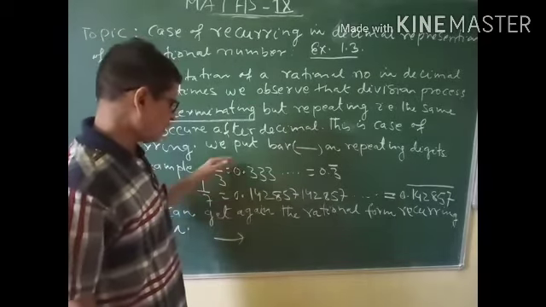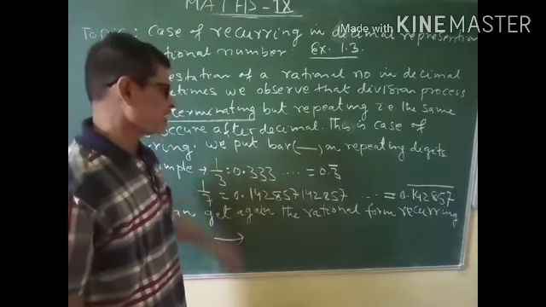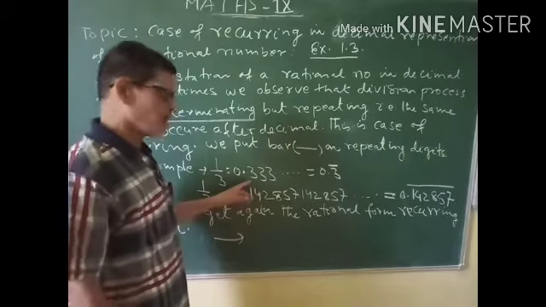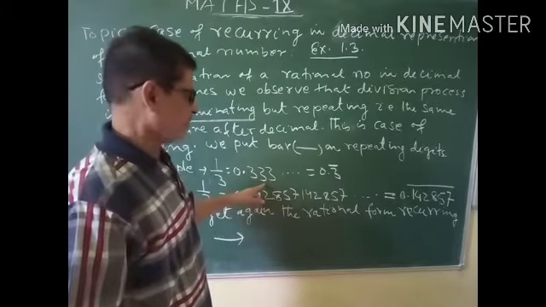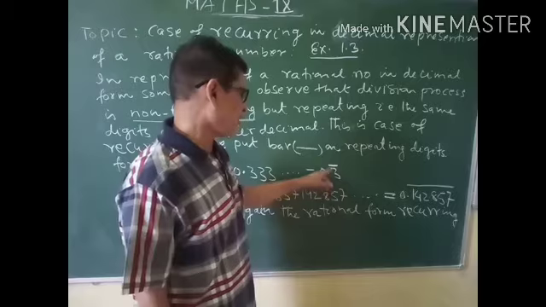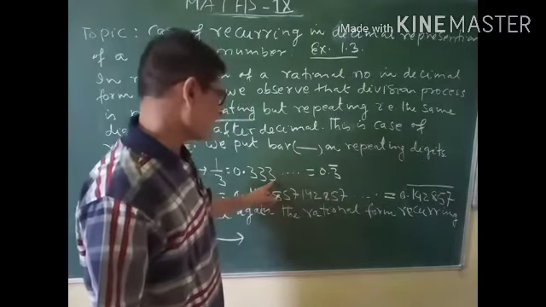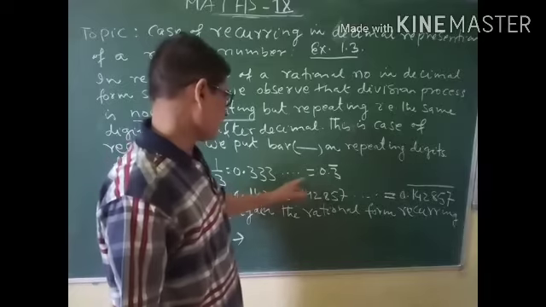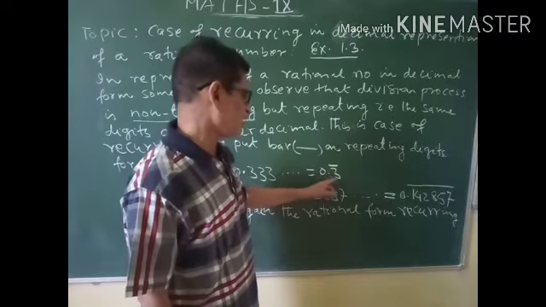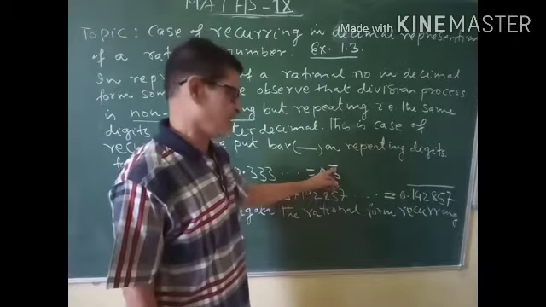Now our problem is to represent it in recurring form. Here we observe that after the decimal 3 occurs again and again, so we can put a bar on the digit 3. Thus we can write 1 by 3 in recurring form as 0.3 bar, 3 recurring.